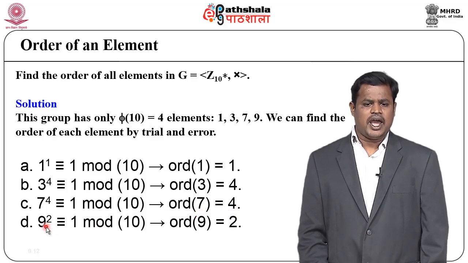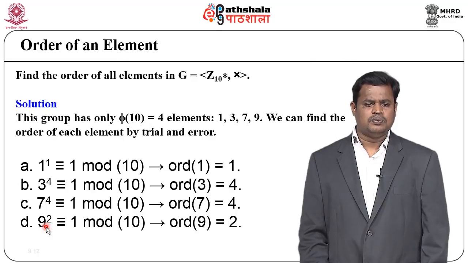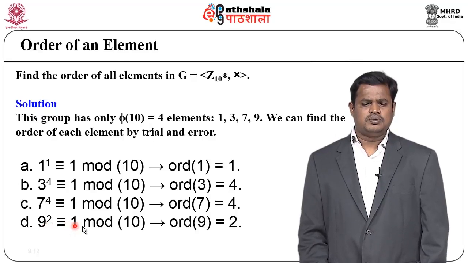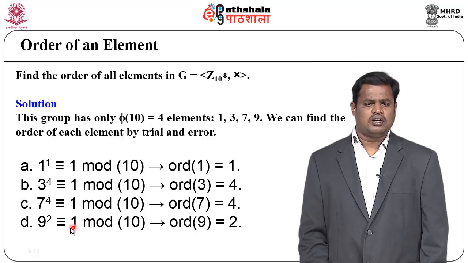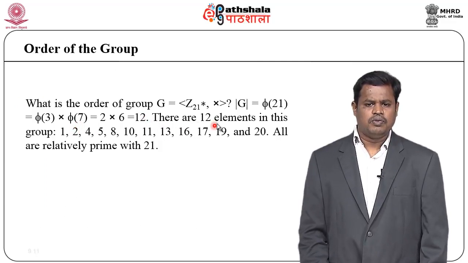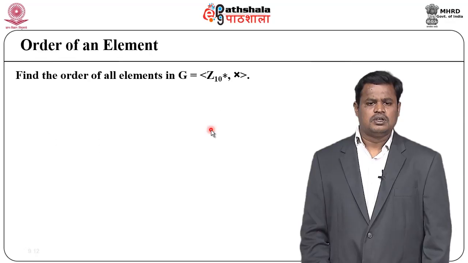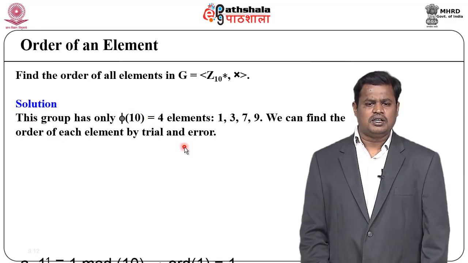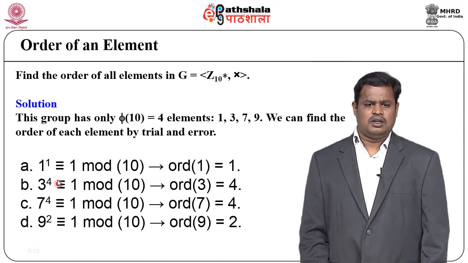Then 9 squared, that is 9 power 2, that is 81, mod 10 has a remainder of 1, so I say the order of 9 is equal to 2. So this is the way. Previously we found the order of a group with the help of Euler's totient function; here we find the order of an element in a trial and error way, for each element.